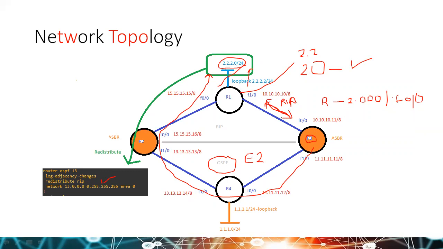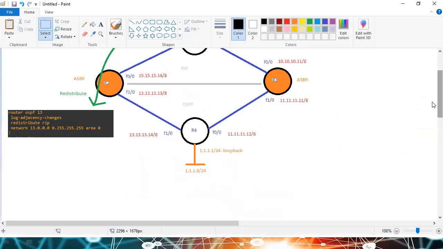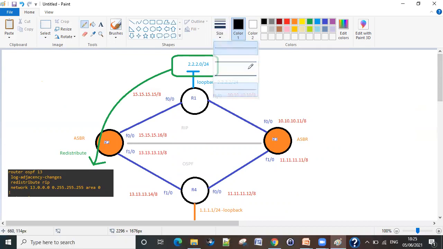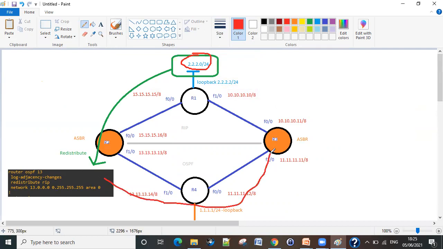So I will revisit it again. What happens? R2 basically redistributed this network into OSPF, and when this route reached back to R3 via OSPF, we redistributed the same 2.0 network back into RIP again.